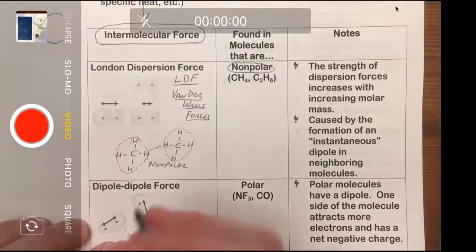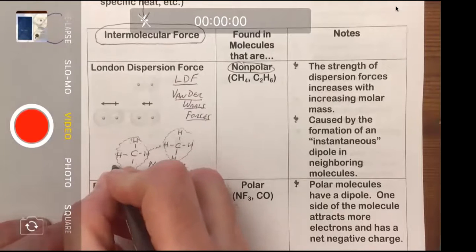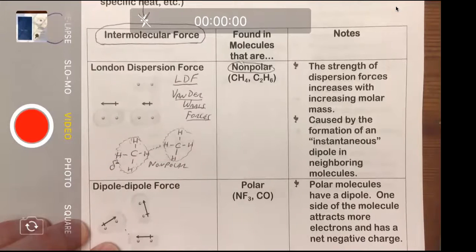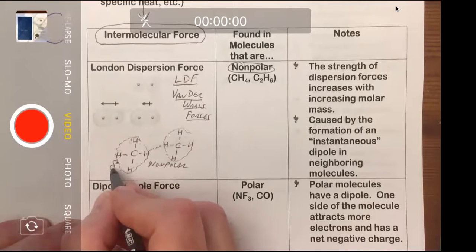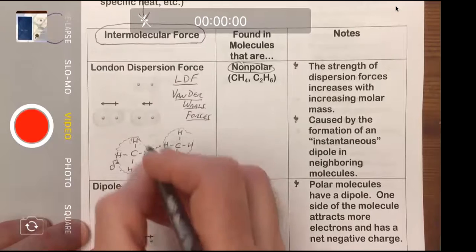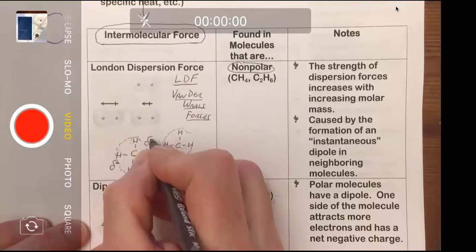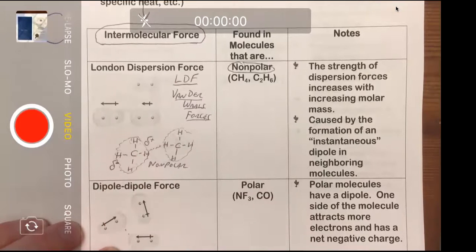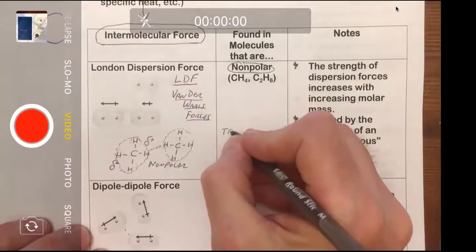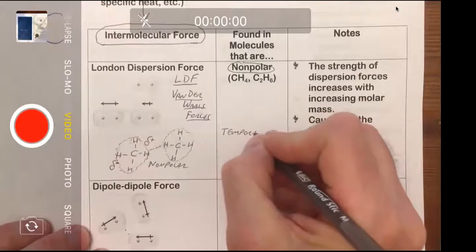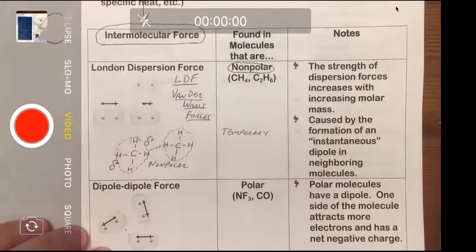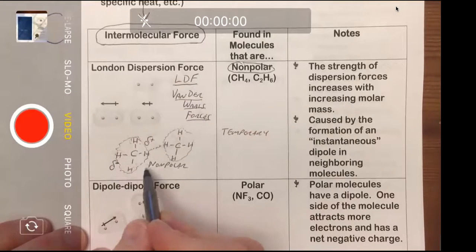Is it possible that at a single moment in time, the electrons kind of gather in one part of the molecule over here, making this side negative? And if that side is negative, then this side of the molecule would have to be positive. And this is only temporary, all right? It is lasting for an instant. A moment later, maybe those electrons are in a different place.